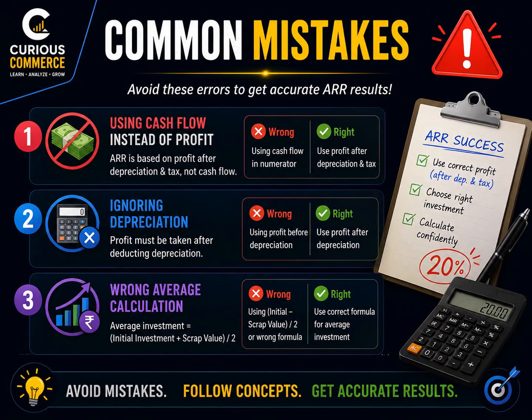Third mistake, wrong average calculation. Students sometimes divide incorrectly or miss years. So avoid these mistakes. Use correct profit, correct investment, and apply correct formula carefully. Then ARR becomes one of the easiest chapters in capital budgeting.